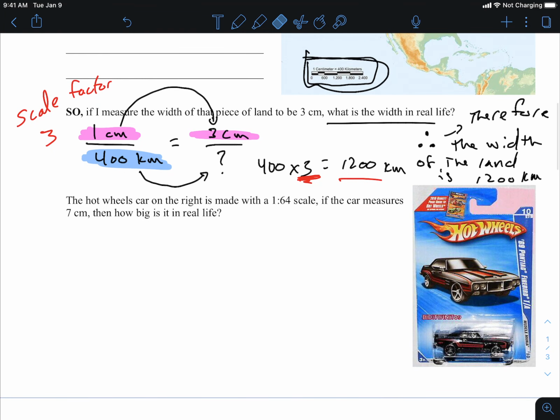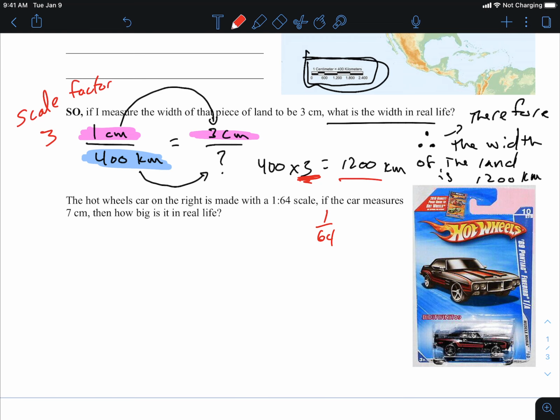But there's also something else on there. It doesn't say explicitly on the front, but on the back, what scale it is. It's 1/64 scale. So what that means is it's 1/64th the size of the real life car.